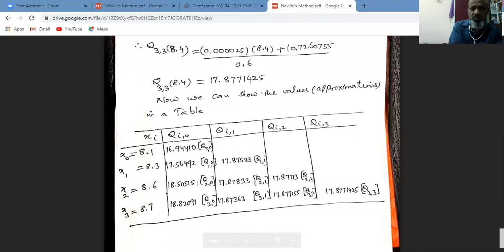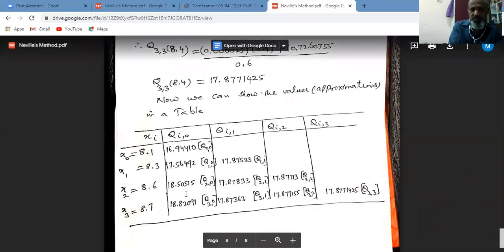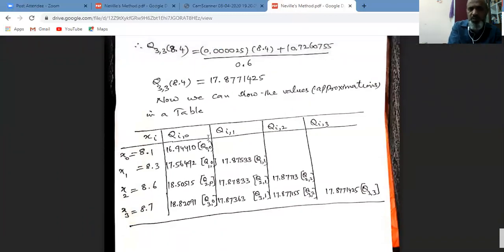So these are called zero degree approximations. Now Qi,1 is called the first degree approximation: this is Q11, this is Q21, Q31. Then the second degree approximations are Q22, Q32, and the third degree approximation is Q33.